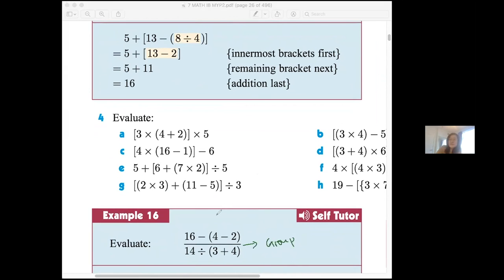So we're gonna solve the top group first, and then we're gonna solve the bottom group. Solve this and that one separately. In the end, you get one number on the top, one number at the bottom, and you're gonna do division. The top is the dividend, the bottom is the divisor. Okay, so solve this one. I'll give you 1 minute, and if you are done, raise up your hand.